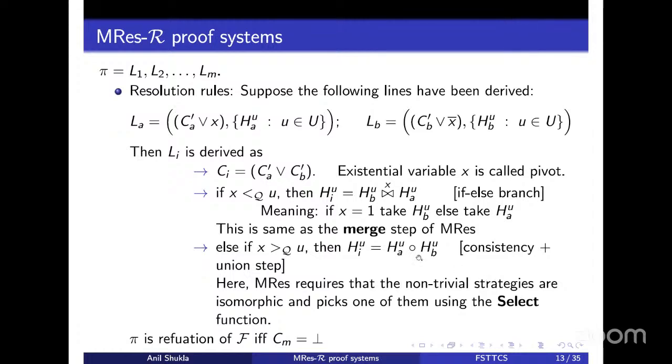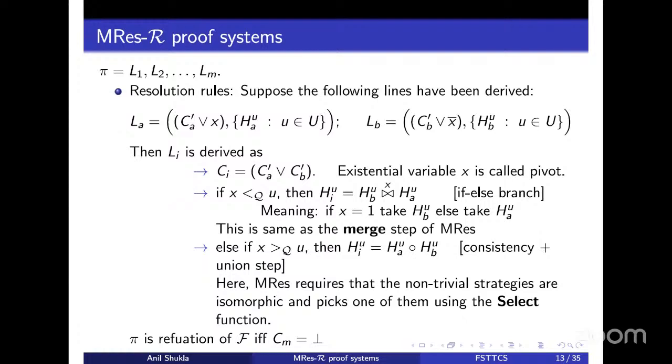I will tell you what consistent is. If they are consistent, take the union. Union I will also explain; it is just set notation. Merge resolution also does some tricks here, but I will skip that. This is the strategy. And a proof pi is a refutation if the last line has an empty clause.